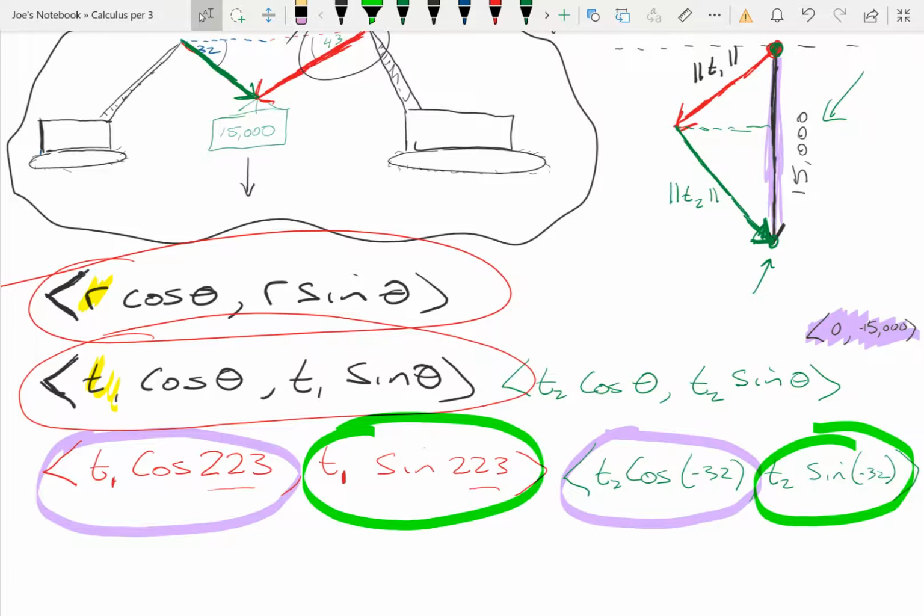So now I can go back to the board. And I was going to say that we've got a system of equations that says the cosine 223 plus the cosine of negative 32 needs to equal 0.